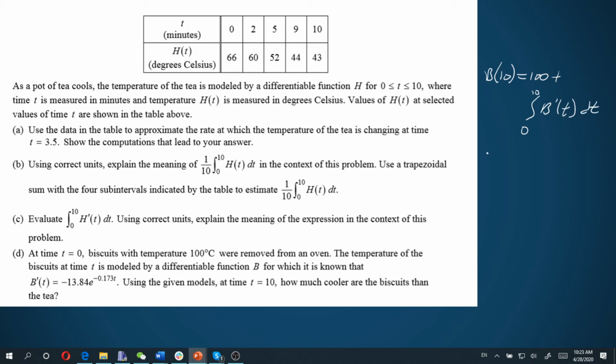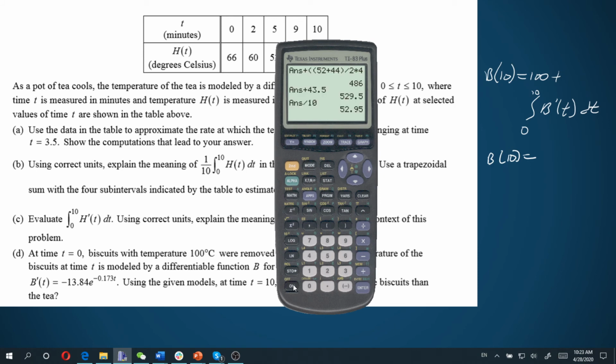Okay, so we'll go ahead and calculate that really quick. So we are integrating negative 13.84 e to the negative 0.173x in terms of x from x equals 0 to x equals 10.